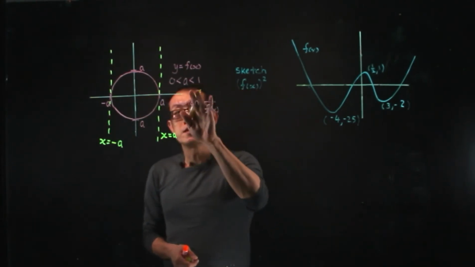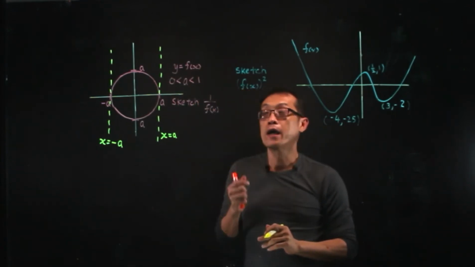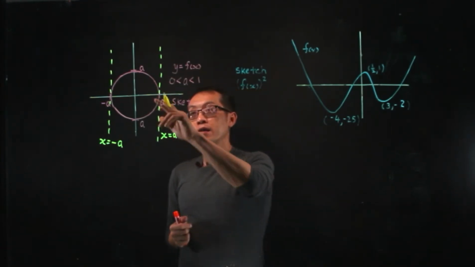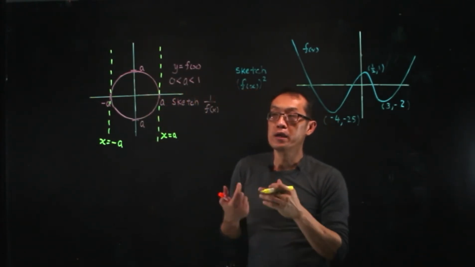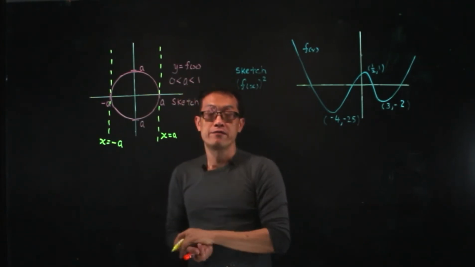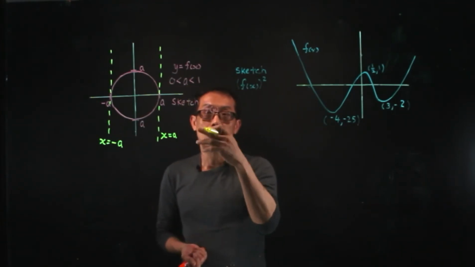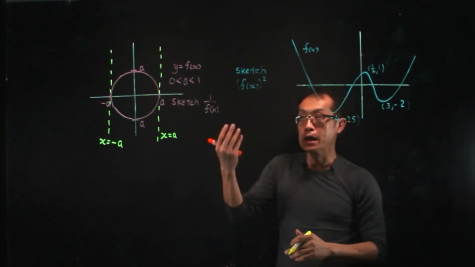Now, if a is between 0 and 1, then 1 over a will be bigger or smaller? Let's say this is half. 1 over half becomes 2. So it's actually bigger.